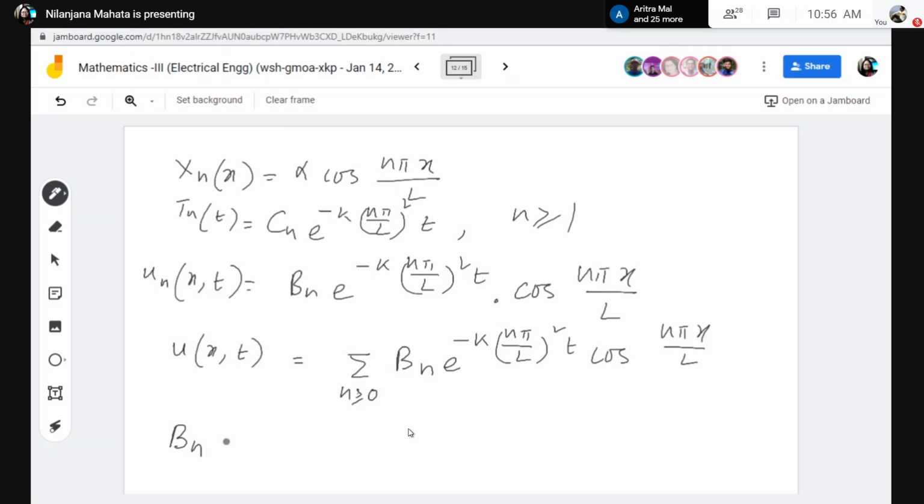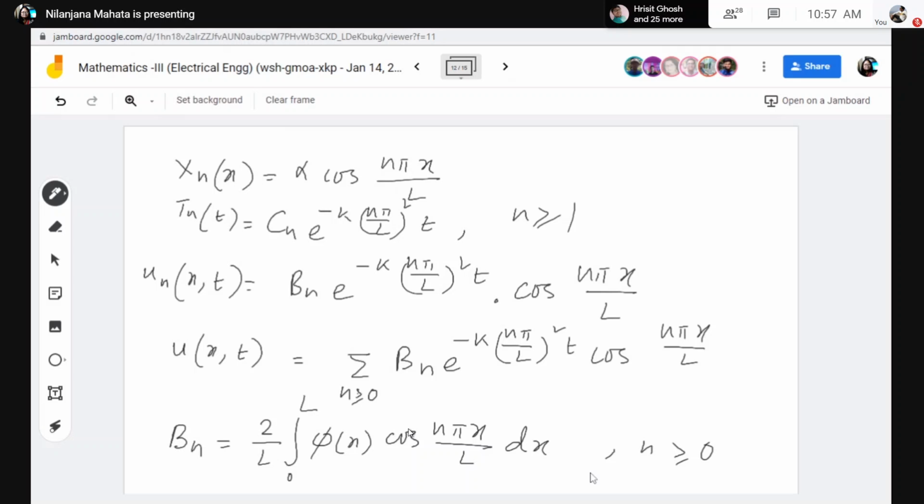And we know how to find out the b_n. Our b_n is 2 by L integral 0 to L phi(x) cos n pi x by L dx, and when n is 0, that will be nothing but 2 by L integral 0 to L phi(x) dx, for n greater than or equal to 0.